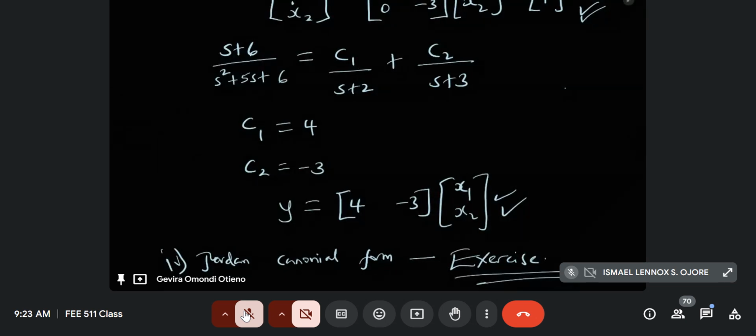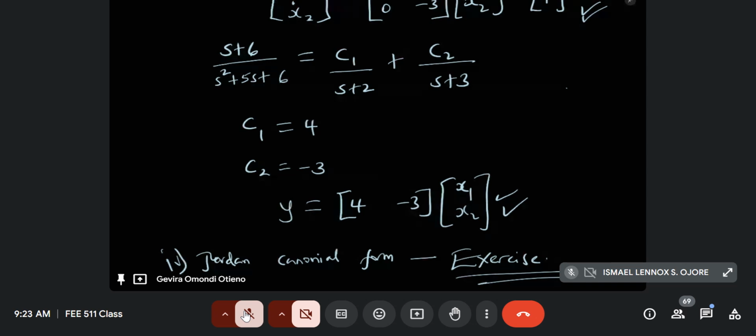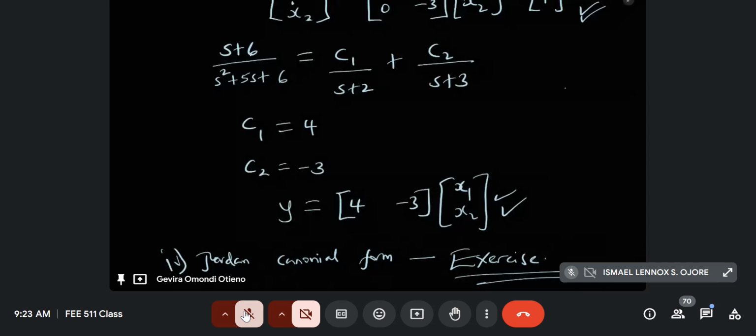So I want to end here unless there's a very specific or burning question that you'd want to ask me. Please allow me to stop here. Solve the problems that exist in your notes, look for other problems. Again, this has been solved extensively in the book by Katsuhiko Ogata, Control Systems. Please have a look at some of the worked out examples there and see how many you can solve.